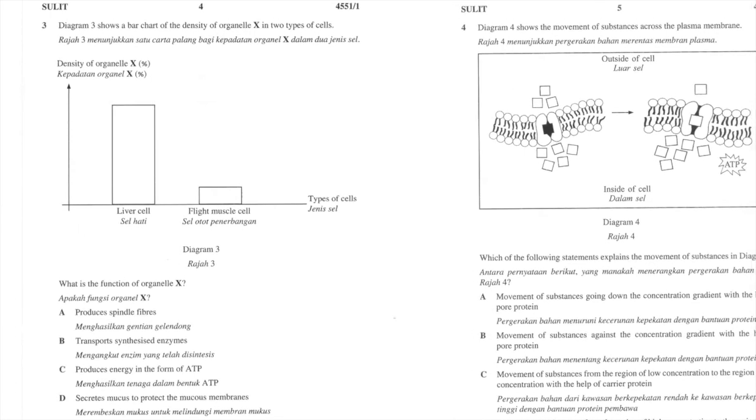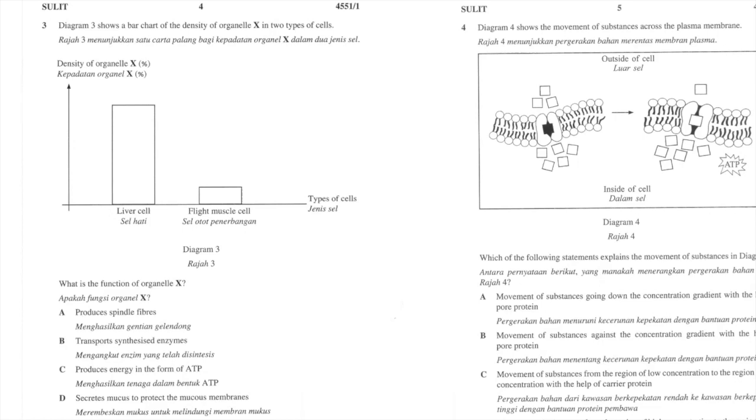If you want to answer this question, you should know why organelle X is found abundantly in liver cells. In order to answer, you should know what liver cells do. There are two functions of liver cells in our body.